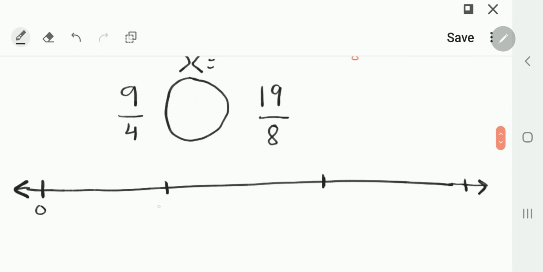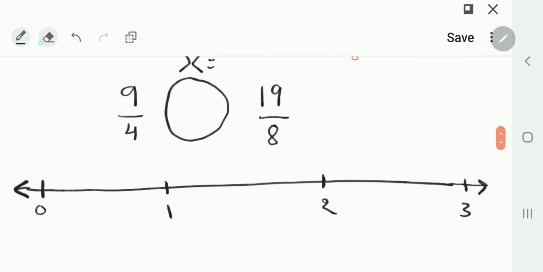So this is 1, 2, 3. Okay, very good. So I'm gonna do fourths with one color and then eighths with another color so that you can do them. Very good.